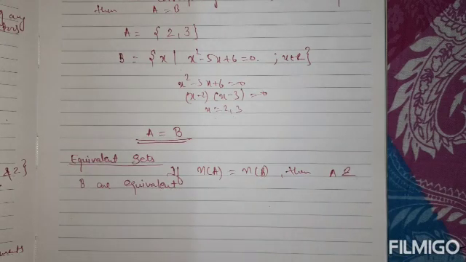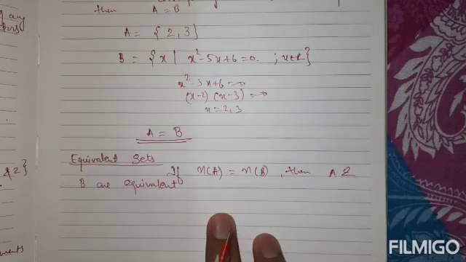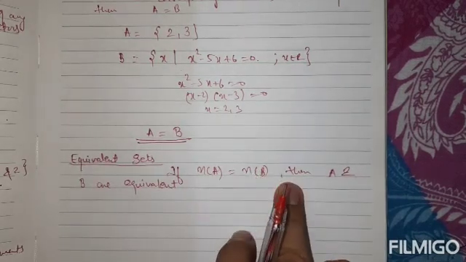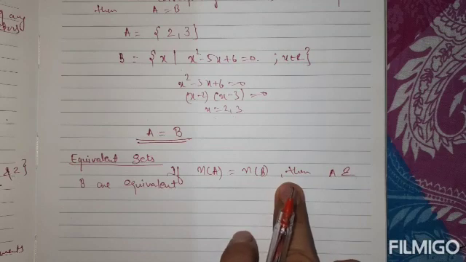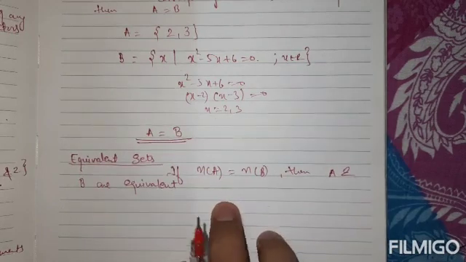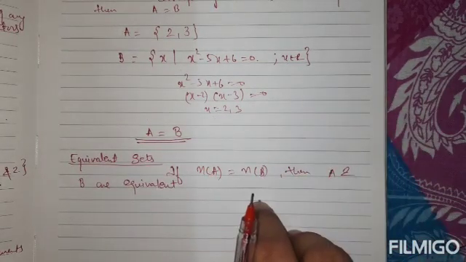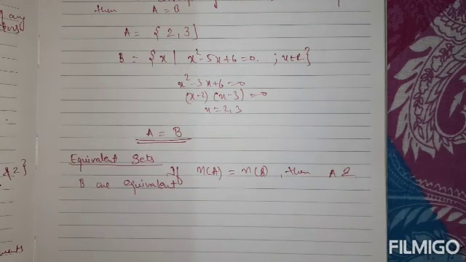It does not matter what elements they contain, and it is not necessary that they are equal, but if their number of elements are equal, then these are called equivalent sets. So it is clear that all equal sets are equivalent, but all equivalent sets may not be equal. So this was about equal sets.